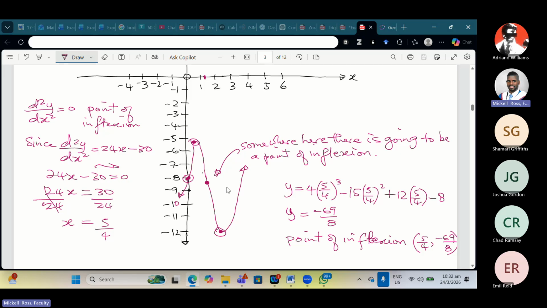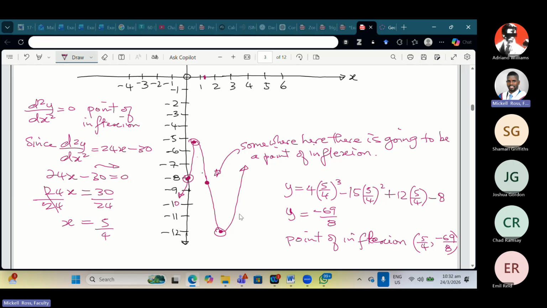Notice this part of the graph would give you a maximum curve, but then it changes from the maximum curve to a minimum curve.